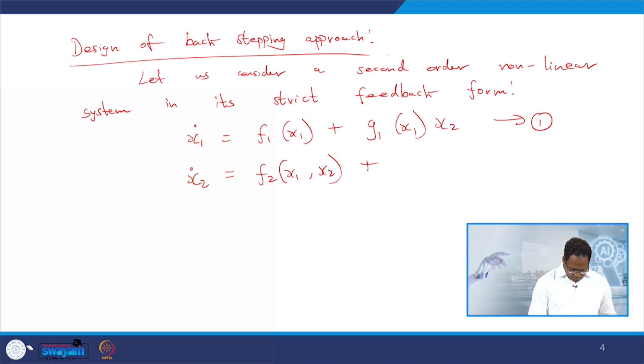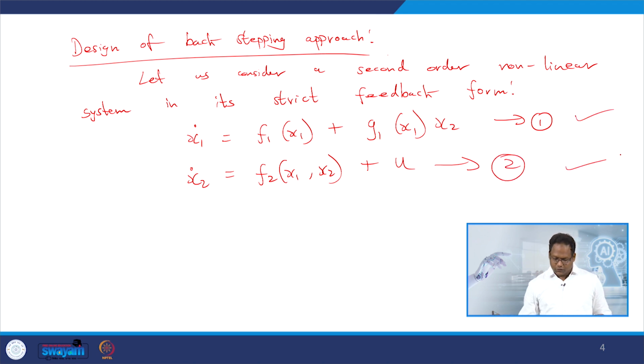So these are the two subsystems forming the strict feedback form of a second order nonlinear system: x1 dot equal to f1 of x1 plus g1 of x1 multiplied by x2, and x2 dot equal to f2 of x1 comma x2 plus u.